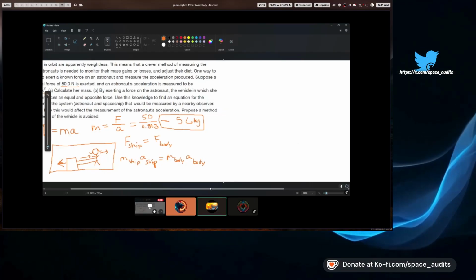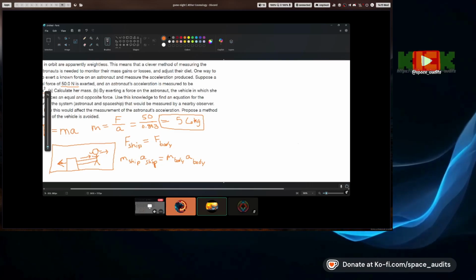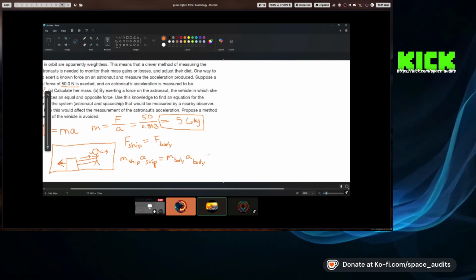So let's say we wanted to solve for a ship, because that's the form they have it in. What would we do if we wanted to solve for a ship?